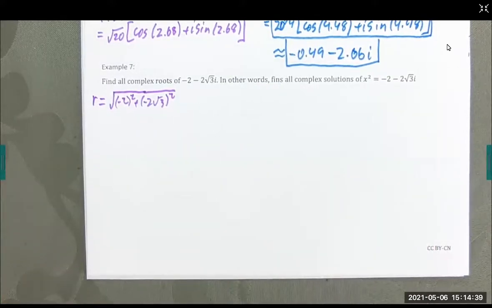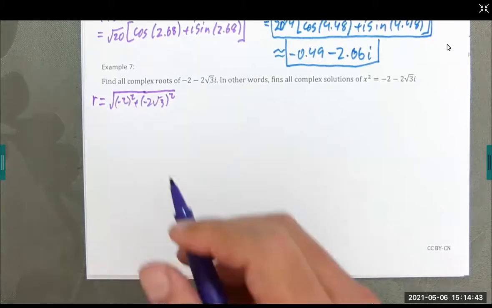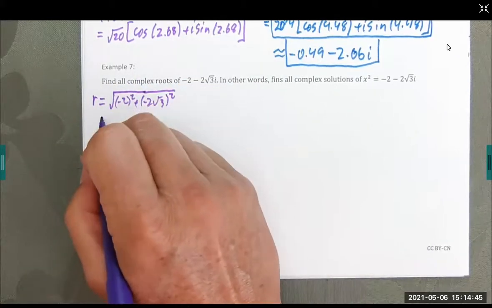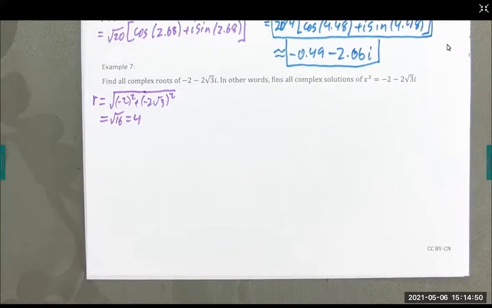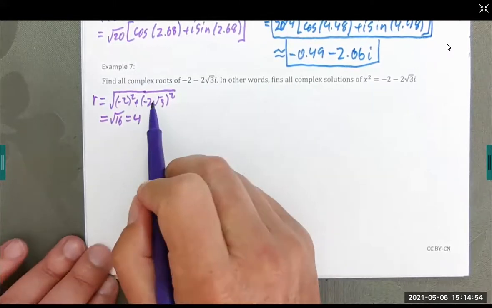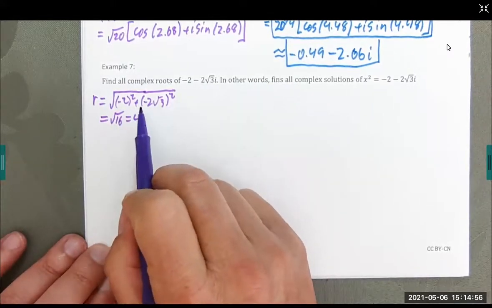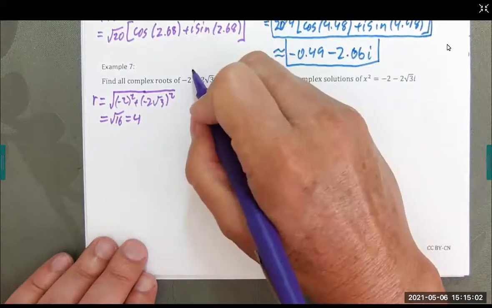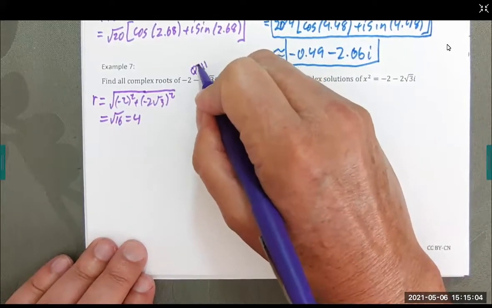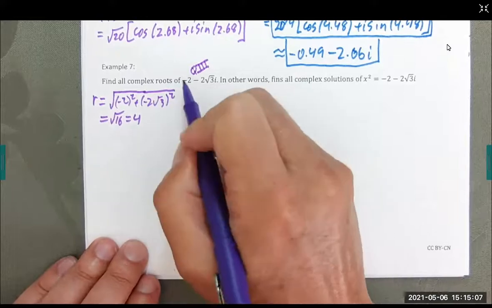And that gives us root 16, which is 4, which is going to work out very nicely for us. That becomes 12, that becomes 4. 4 plus 12 is 16, and the square root of 16 is 4. So there's R. I want to point out once again that we are in quadrant 3 in this case. Both are negative.